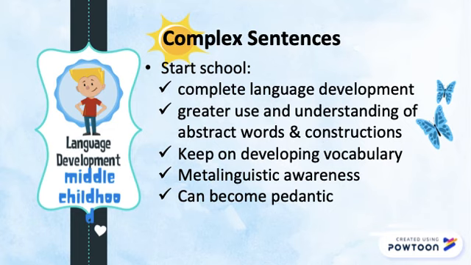Children at this phase utter complex sentences, more complex than those of the early childhood phase. By the time they start school, they have complete language development. They have greater use and understanding of abstract words and constructions.